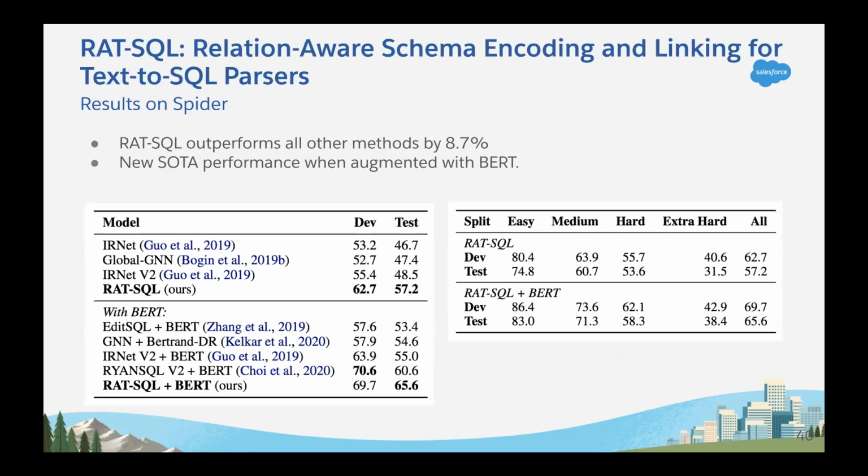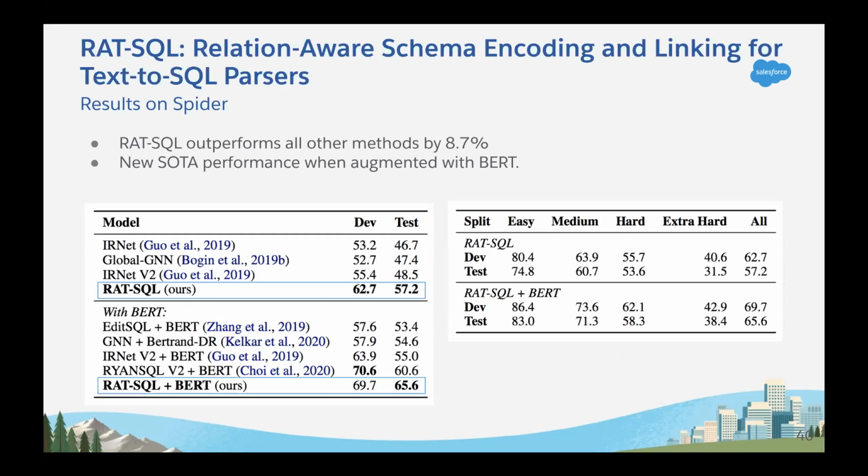Because they use this explicit way to model those relations, not like other people who just assume that a neural network can learn any type of relation by itself, they found they get good results. WikiSQL outperforms all other methods by 8.7%.